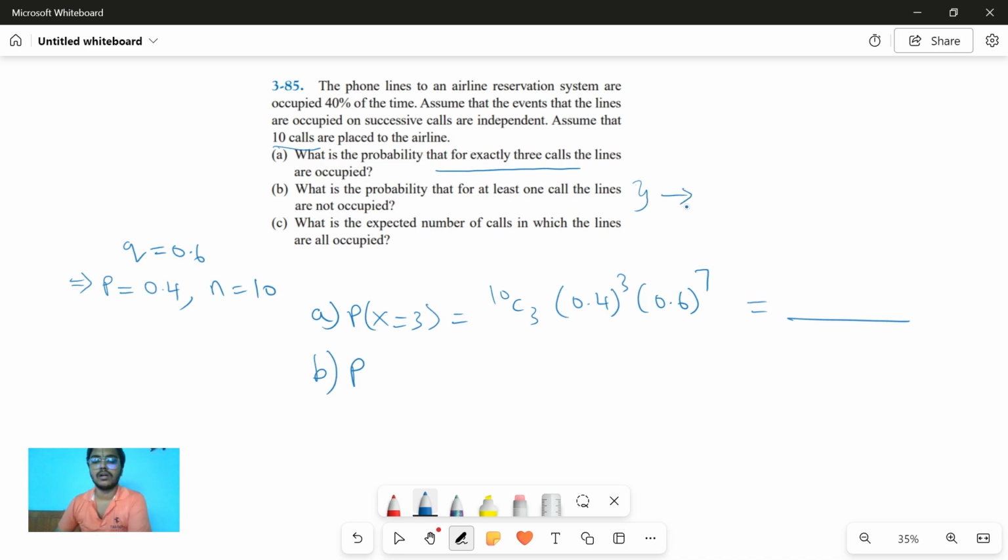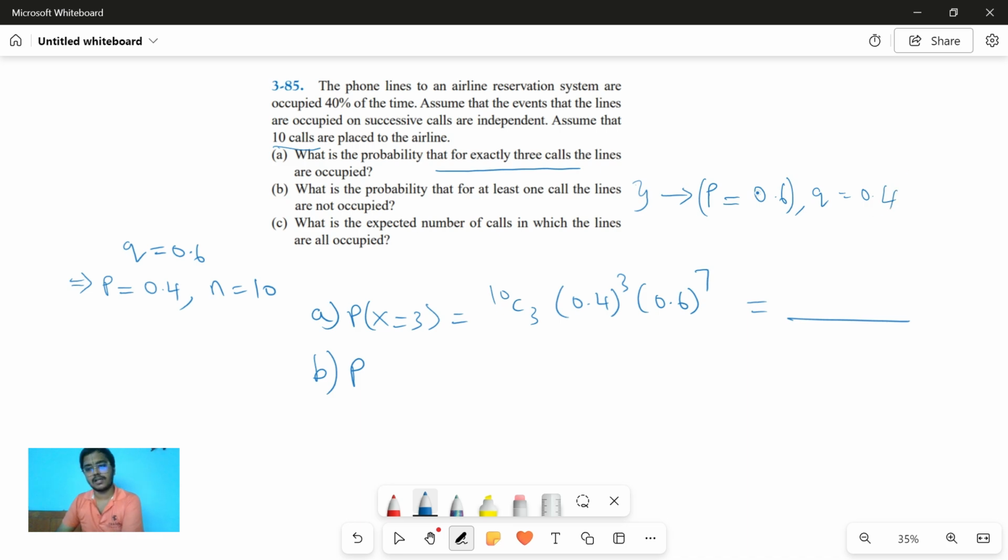Because in this part if you keep the probability of success as occupied itself, it will be a little confusing. So for this case we'll see that for at least one call lines are not occupied. So not occupied probability will be 0.6. Understood? Because that's what is given, no? So Q will be 0.4. In this part alone it will change.